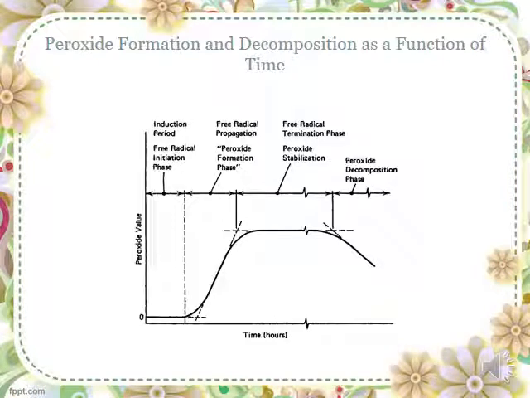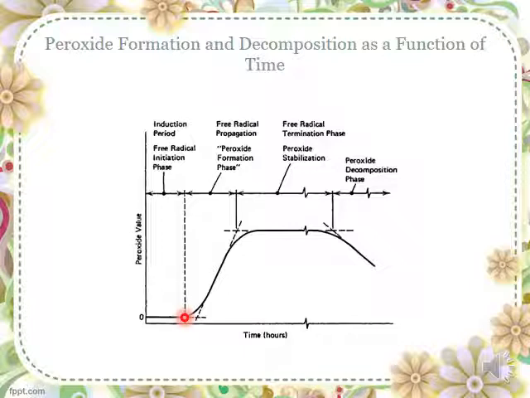This graph shows the peroxide formation and its decomposition as a function of time. So during the induction period where the free radical is initiated, the peroxide value is 0.